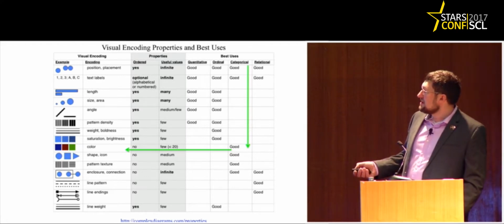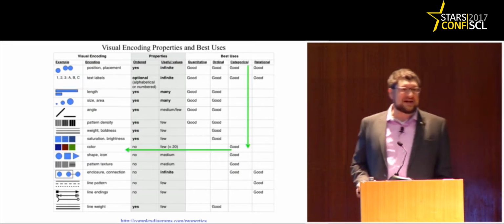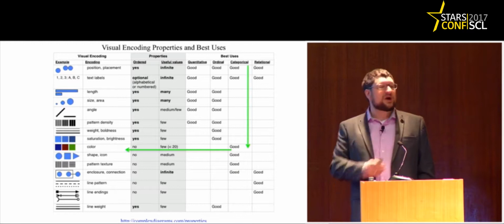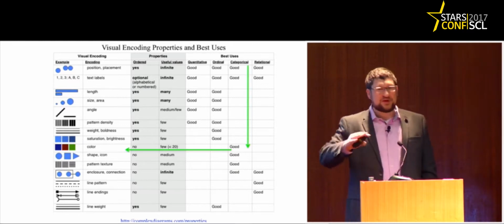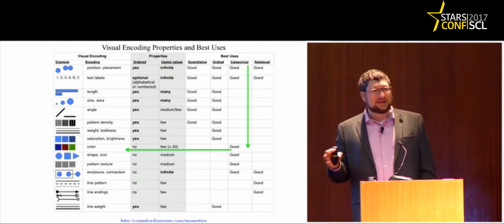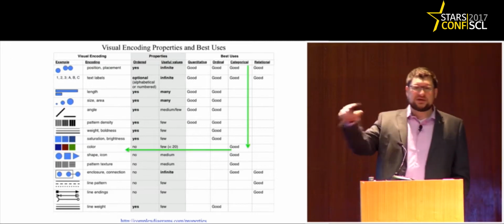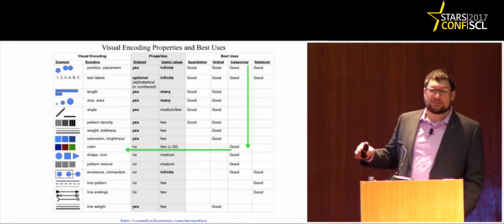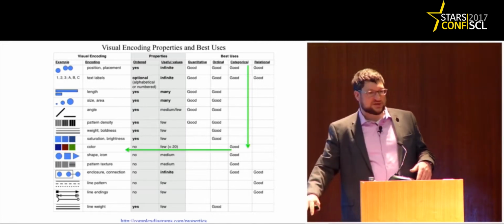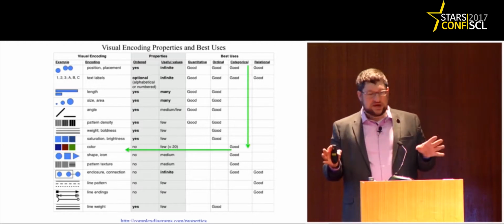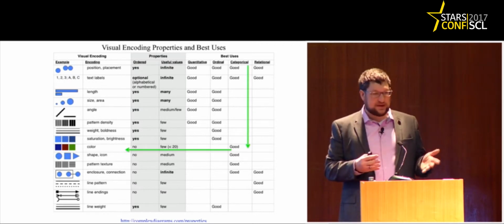So you notice right here, color, people hate this. Your brain does not think color is ordered. We all know what the rainbow is, fine. We can go measure that. If you want to measure wavelength, that's fine. But my brain doesn't know that the colors are ordered in the same way that my brain knows which one's on the left and which one's on the right, which one's higher, which one's lower, bigger, smaller. We all agree on those, but color doesn't work that way.